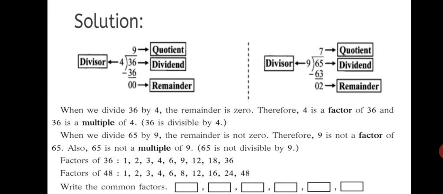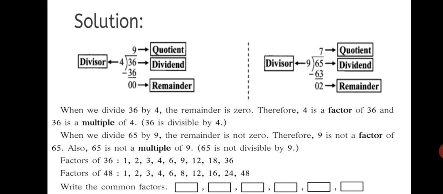So have a look at the solution. The first example, as we mentioned earlier, 36 is dividend, 4 is divisor, 9 is the quotient and 0 is the remainder. In second example, 65 is the dividend, 9 is the divisor, 7 quotient and 2 remainder. Dear students, when we divide 36 by 4, the remainder is 0.